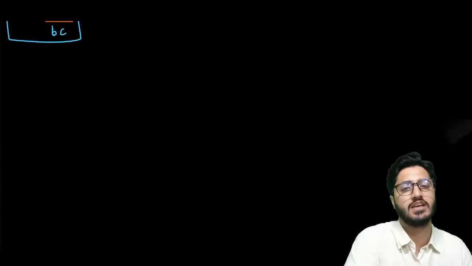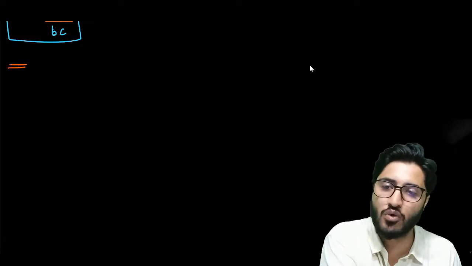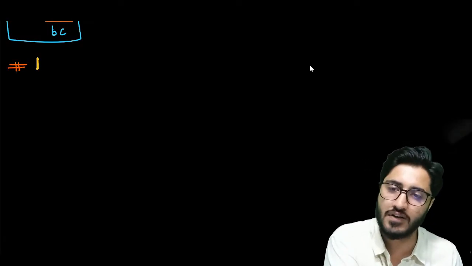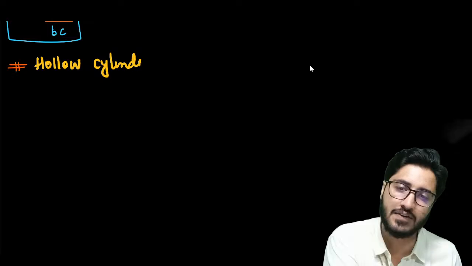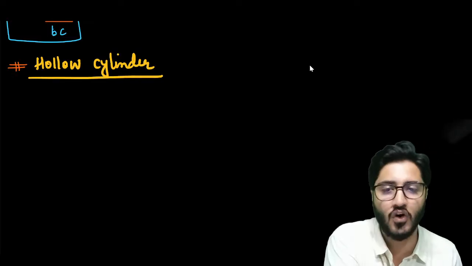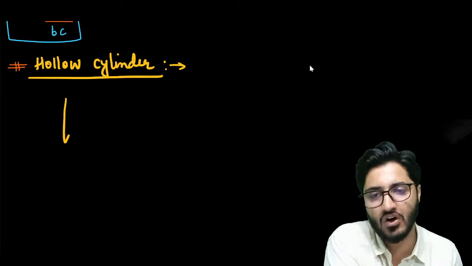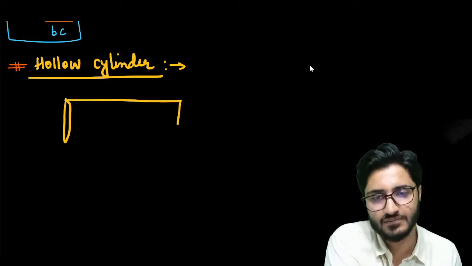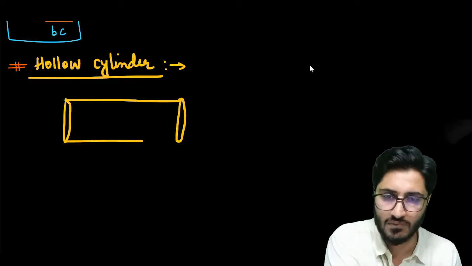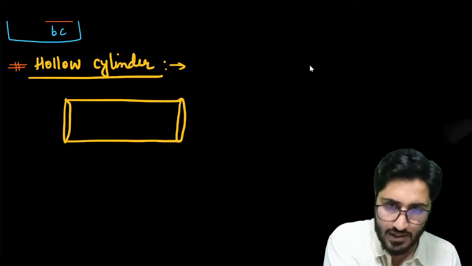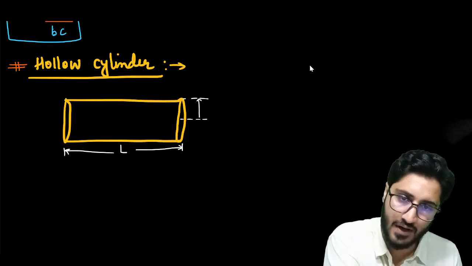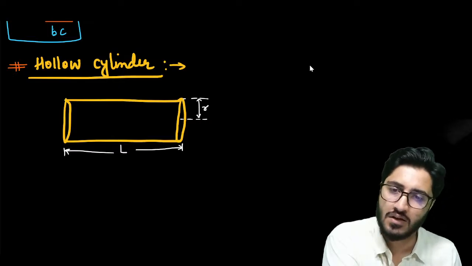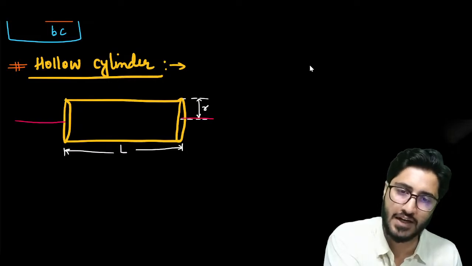Look now, one more thing. If we have a hollow cylinder, one more condition for hollow cylinder, with length L and radius R. Current is flowing from this particular direction.